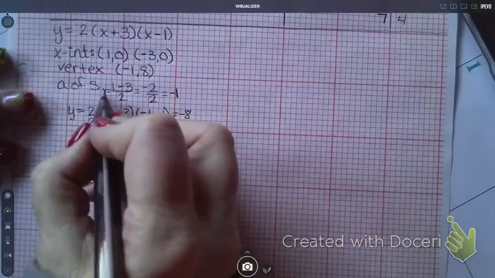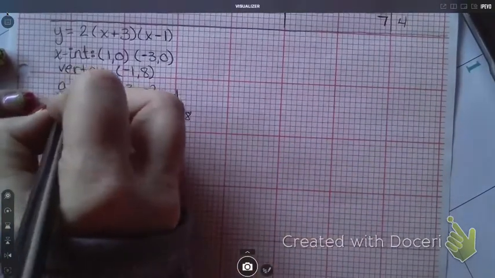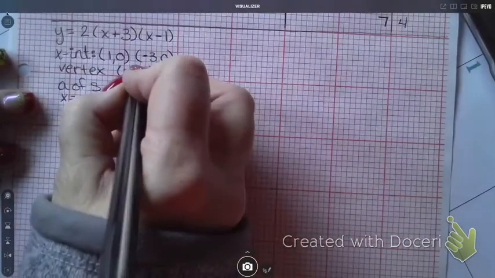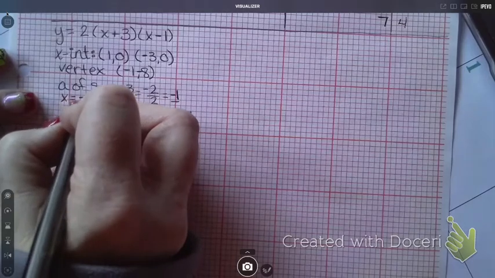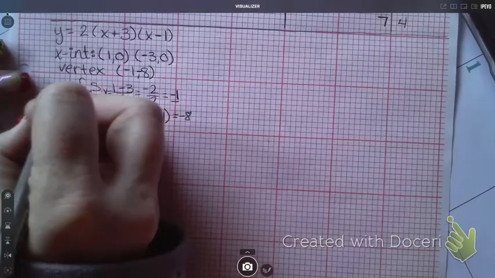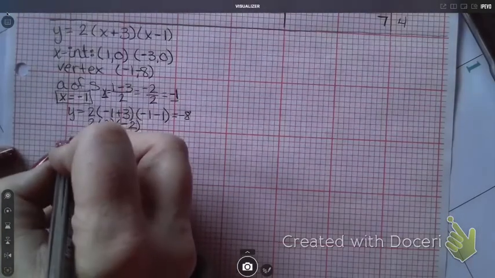The axis of symmetry is just x equals negative 1. Thank you, Cody. So x equals negative 1 is my axis of symmetry right here. Wider, narrower, same?